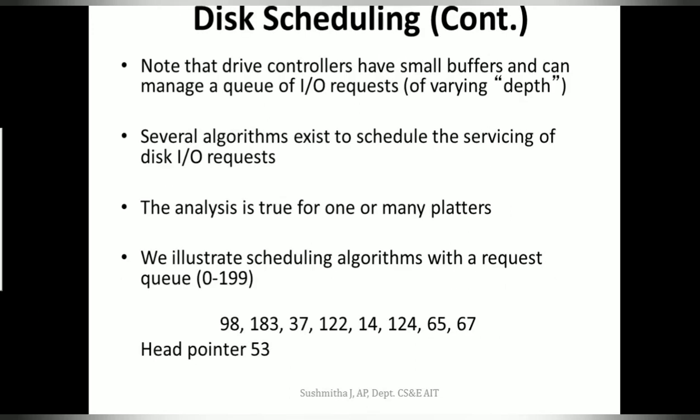So here is an example. I have requests that are queued up, these are the positions that I have, and the head pointer is at 53. Now what happens with each algorithm?